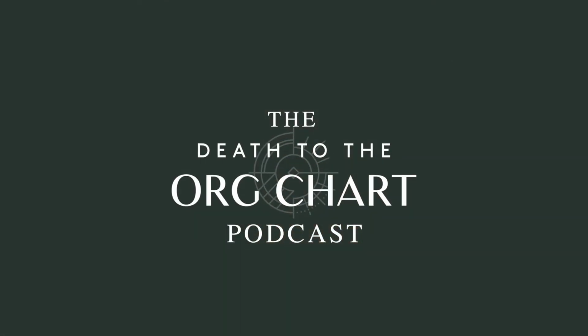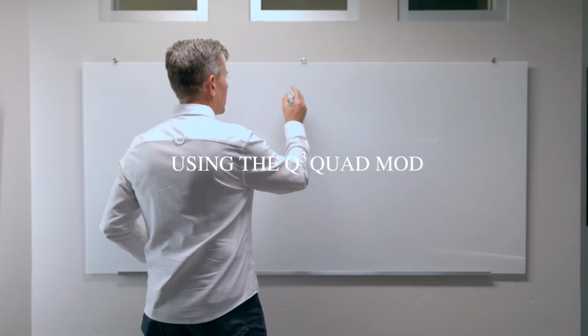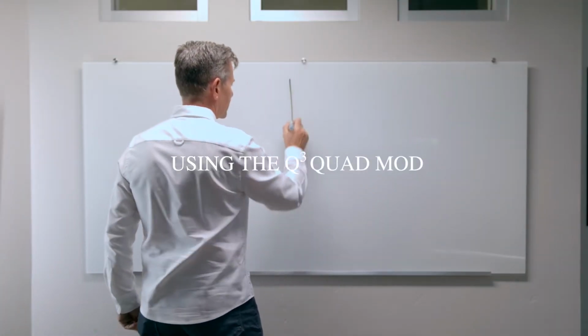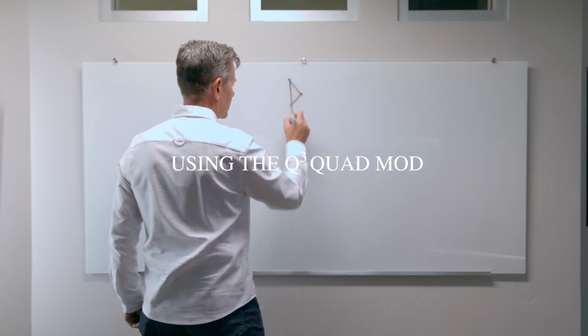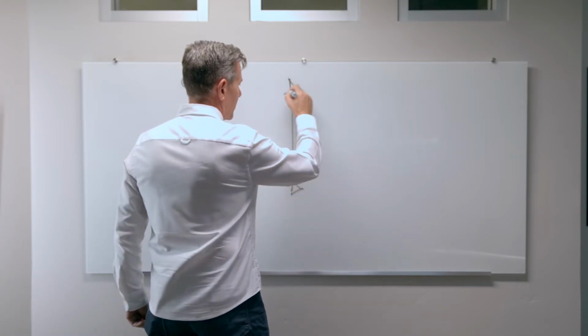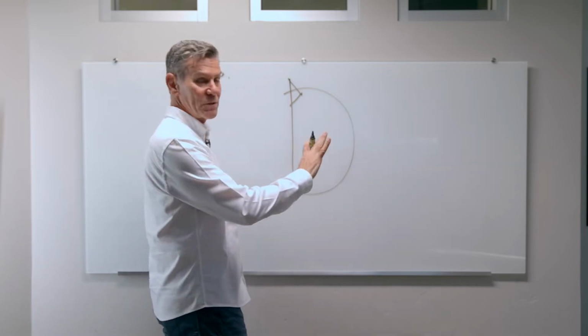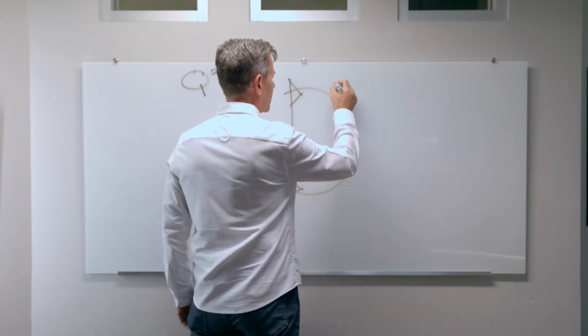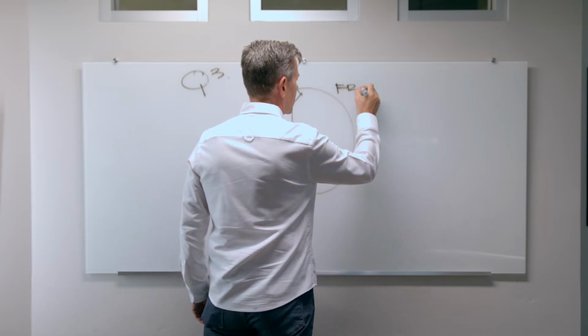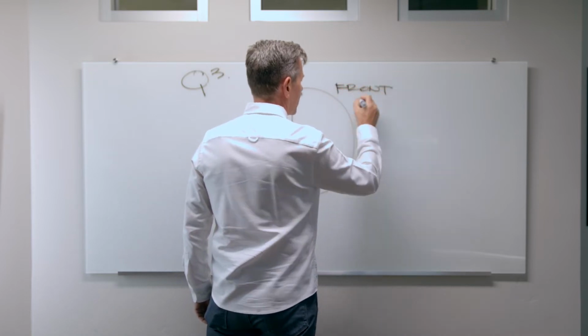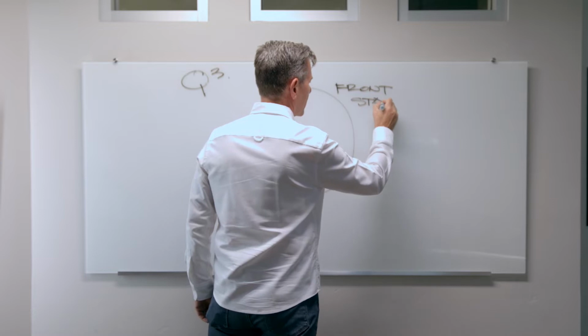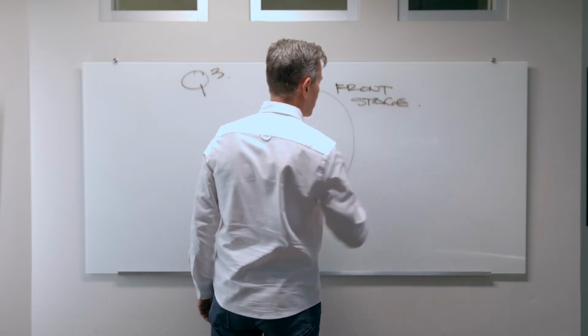So let me get to the Q-Cubed Quad Mod. It starts like this. This represents this hemisphere that is the front stage for your business.